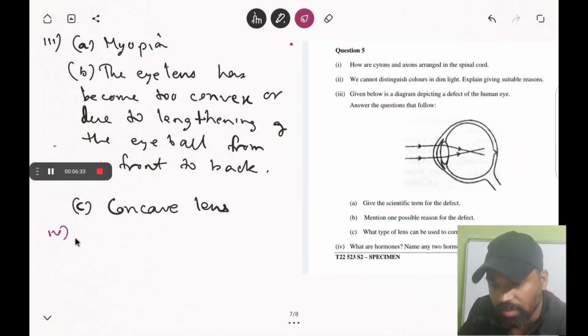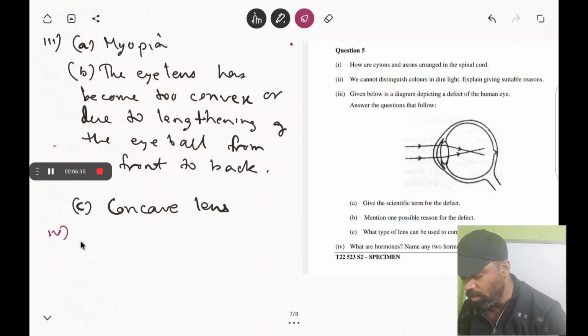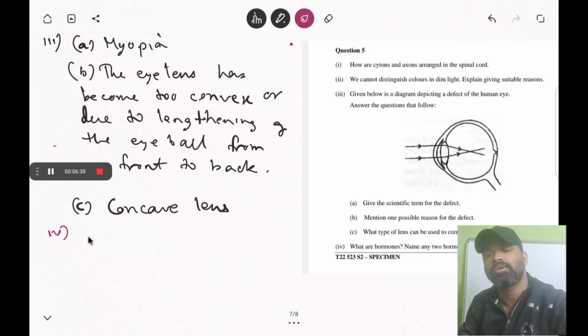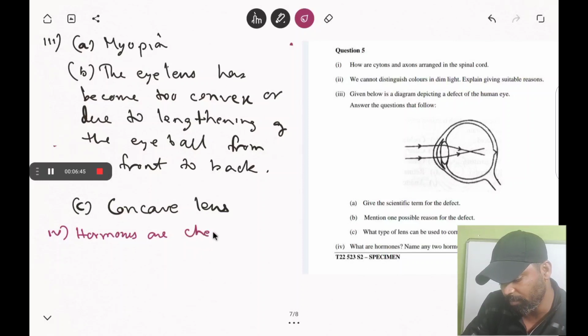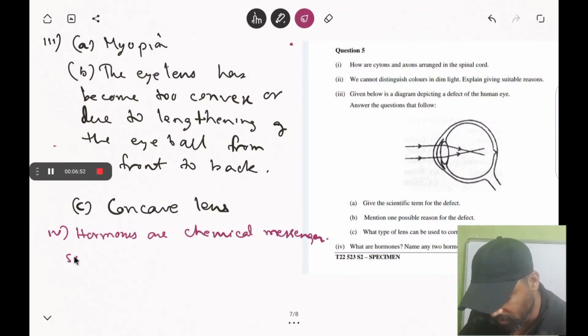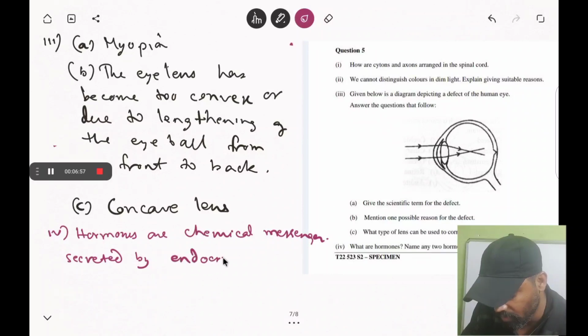Now, number 4. What are hormones? And name any 2 hormones secreted by the pituitary gland. So hormones first. Hormones are chemical messengers secreted by endocrine glands directly in the blood.